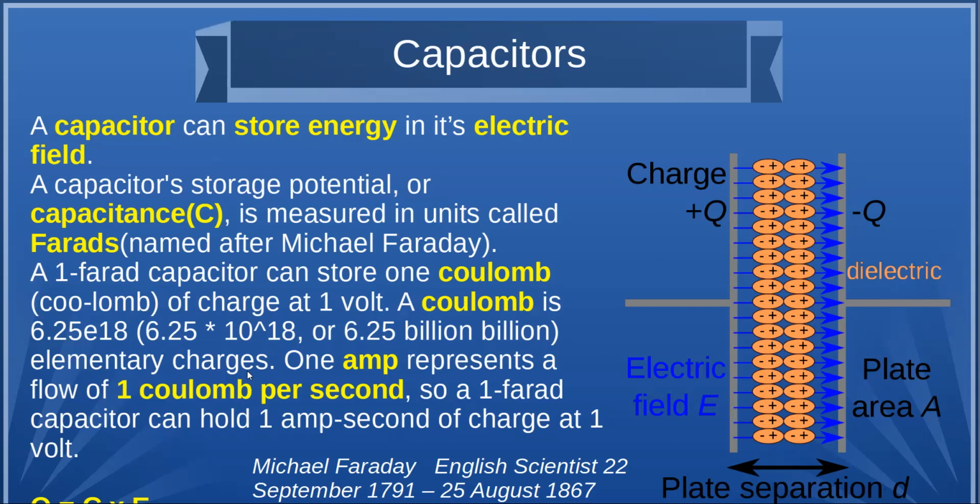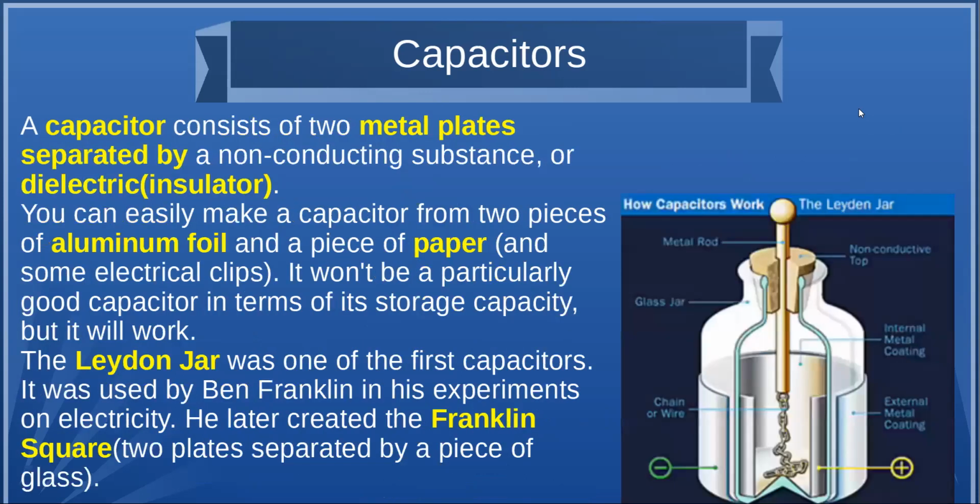The actual physical formula for calculating capacitance based on the area and the separation of the plates I don't have on here, and that's not part of the test. But it's a fairly simple formula, and you can easily figure out what the capacitance would be if you took 2 pieces of aluminum foil and separated them with a piece of wax paper, and you got a capacitor.